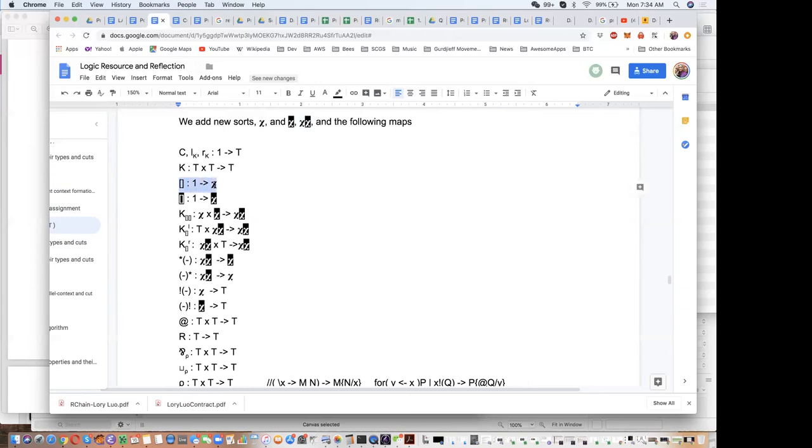So this is the constant for the white hole. This is the constant for the black hole. And then we have, if you give me a white hole and a black hole, I can give you one that has a white hole and a black hole back in it, right? So that's the basic axiom: K of a white hole and a black hole. And then if you give me something with two holes in it, I can put it in the right-hand side of a K. Or if you give me something with two holes, I can put it in the left-hand side of a K. Or I can close up a white hole, or I can close up a black hole out of a pair, right?